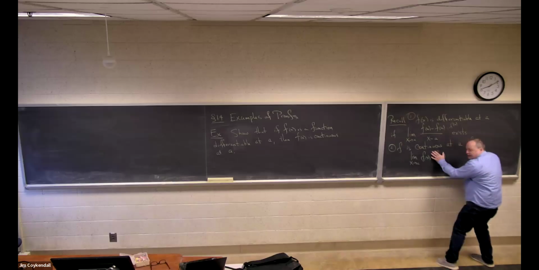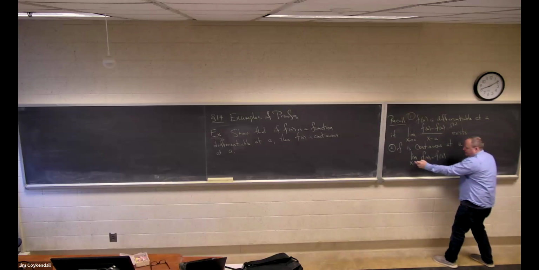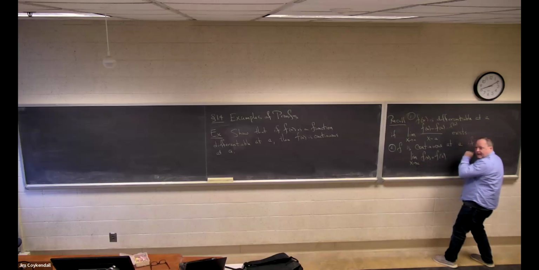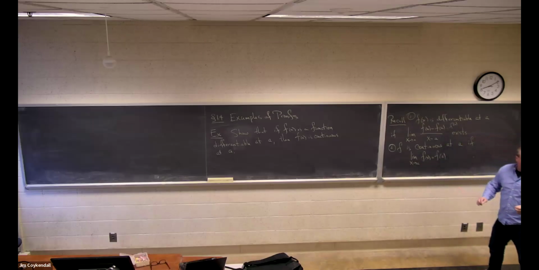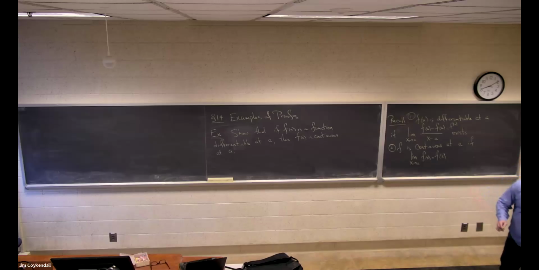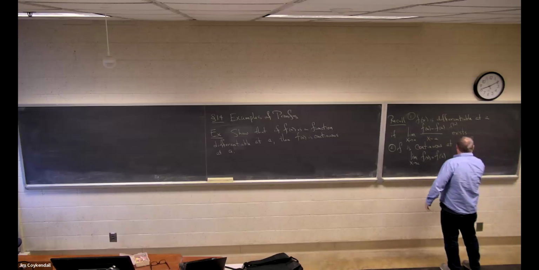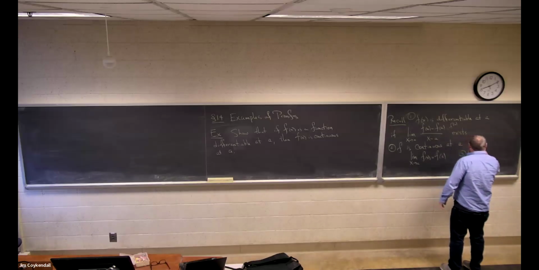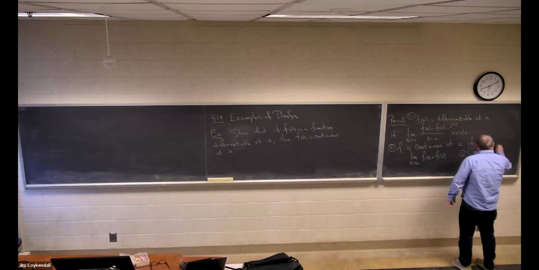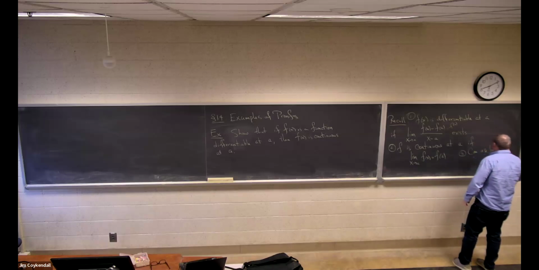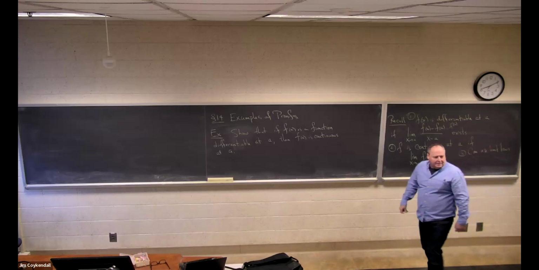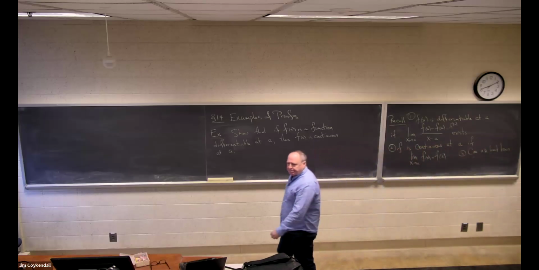So this thing says several things. It says that the limit as x goes to a of the function exists, and it's actually equal to the value of the function. Right. Let's not prove anything unless we know what we're talking about, so let's make sure that we're all agreed on what it means to be differentiable and continuous. And we will also let ourselves use any limit laws from calculus, right?